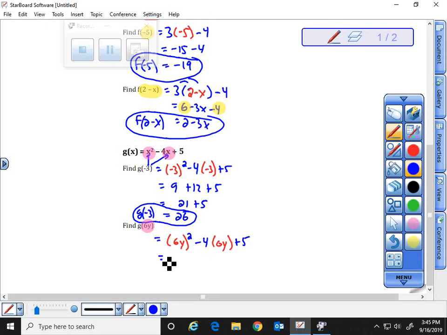Now 6y squared means 6y times 6y. So that's going to be 36y squared minus 24y plus 5. And that is the function of 6y.